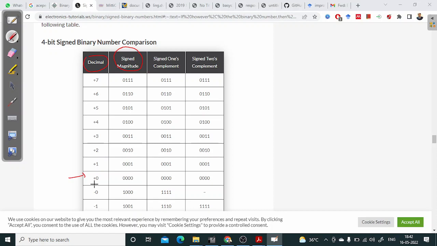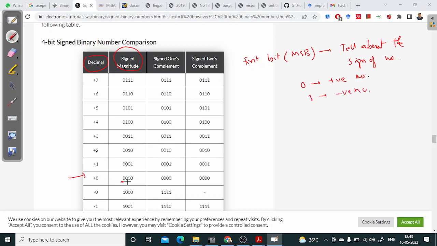For positive 0, in sign magnitude the first bit, which is the MSB, the most significant bit, will tell about the sign of the number. 0 means it's a positive number, 1 means it's a negative number.